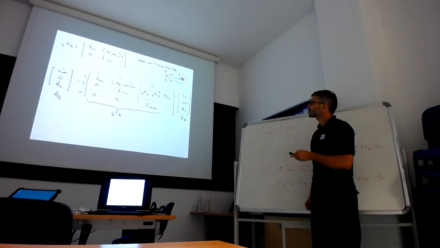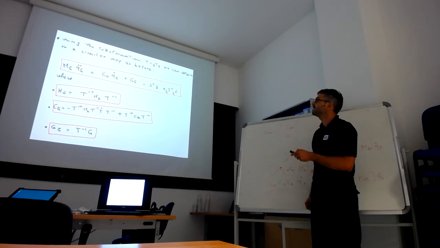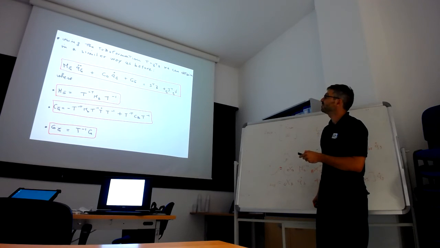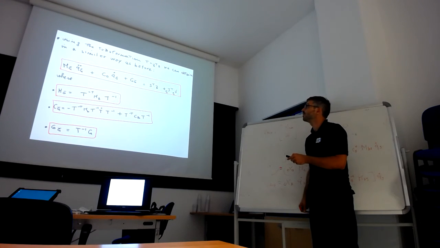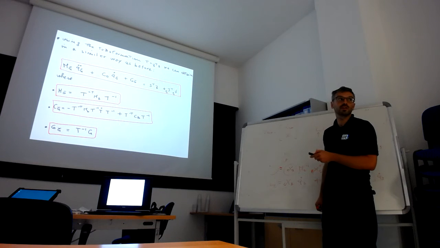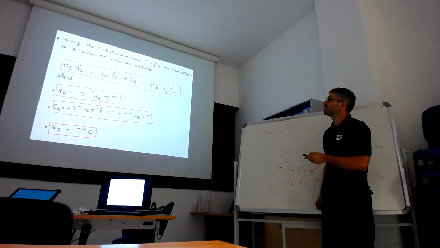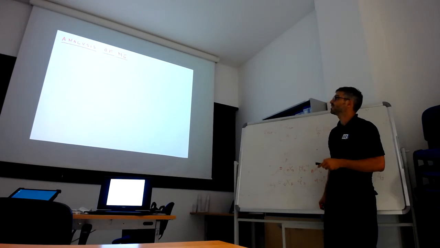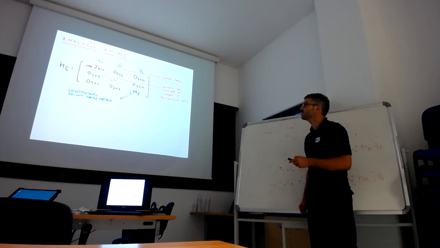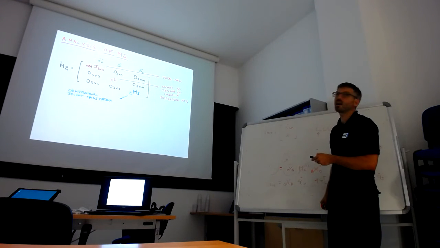And using this parameterization, if we replace, we find a new dynamic equation in the new variables, the QG bar ones, with a new inertia matrix, a new Coriolis matrix, and a new gravity matrix. If we analyze this new inertia matrix, we see that it's completely diagonal.